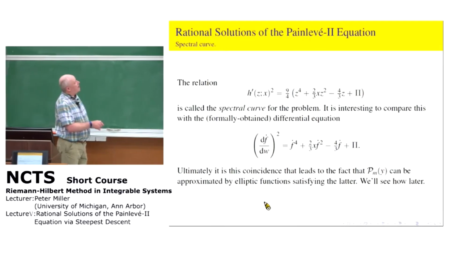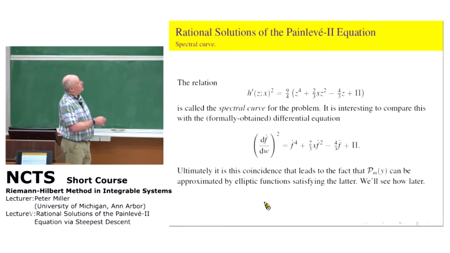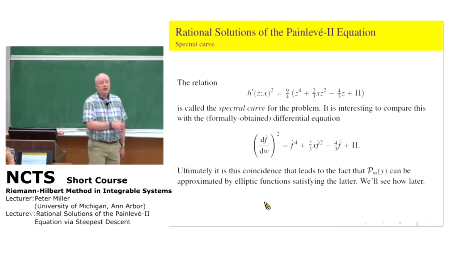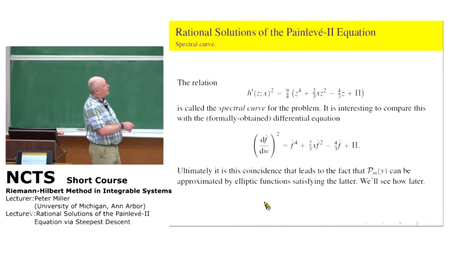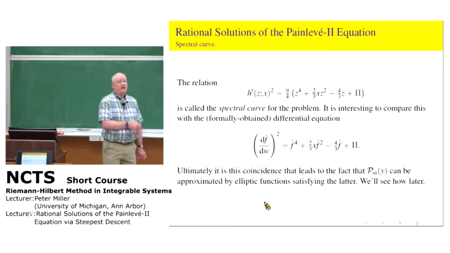And what I think is really fascinating is to compare this spectral curve relation that we got from Riemann-Hilbert considerations to this differential equation that we got by just formally scaling the Pendulum equation. Because you'll notice that the thing on the right-hand side, up to this factor 9/4, is the same quartic polynomial in both cases. Even though from some point of view it's kind of a coincidence, it's a coincidence that happens again and again in the study of Pendulum equations, not just Pendulum 2, and not just rational solutions.